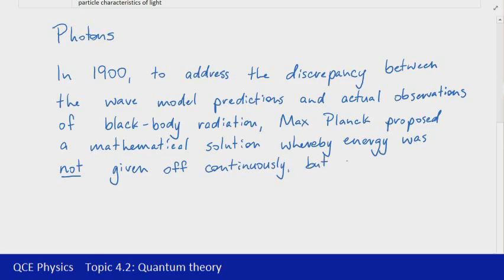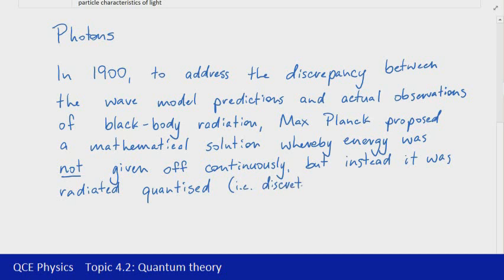Instead, his mathematical solution was that it was radiated in quantized amounts. Now that word quantized is where we get the term quantum theory. By quantized, what we really mean is that it's discrete. So instead of it being a continuous spread of energy, it's radiated in discrete packets of energy.